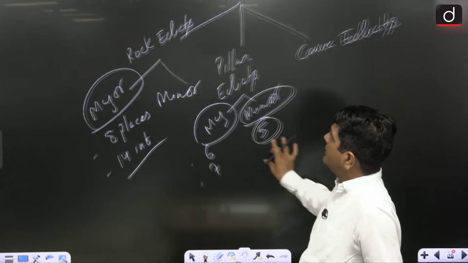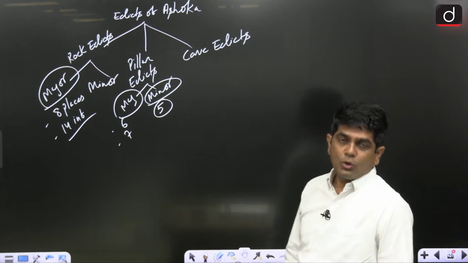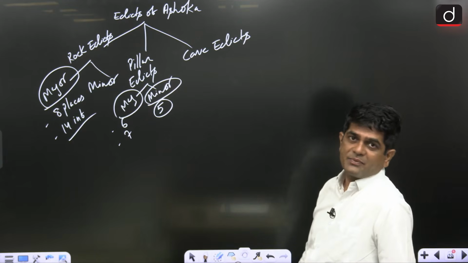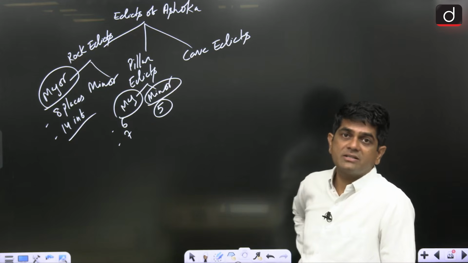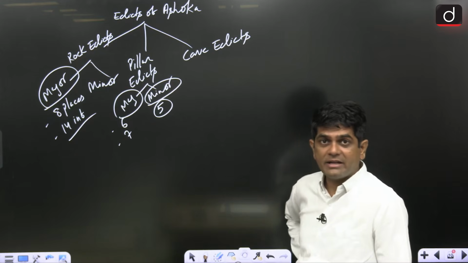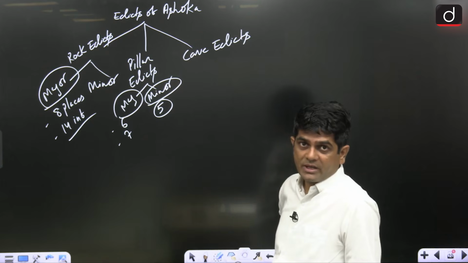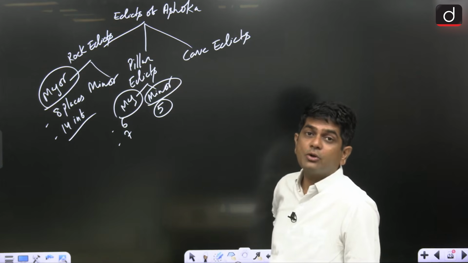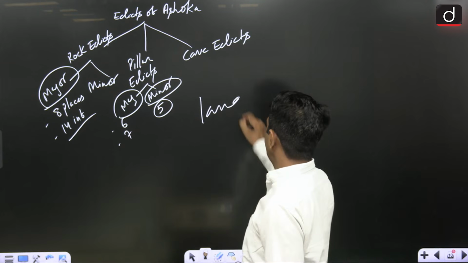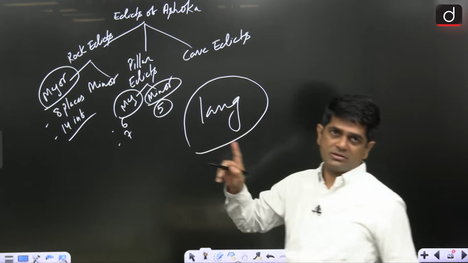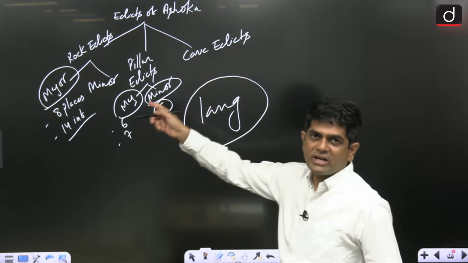Then the next thing that you must memorize under the edicts of Ashoka: who deciphered the script of Ashokan inscriptions? Answer is James Prinsep in the decade of 1830s. James Prinsep, an Orientalist, an Indologist, you can say. Then you have to memorize the language of these Ashokan inscriptions.